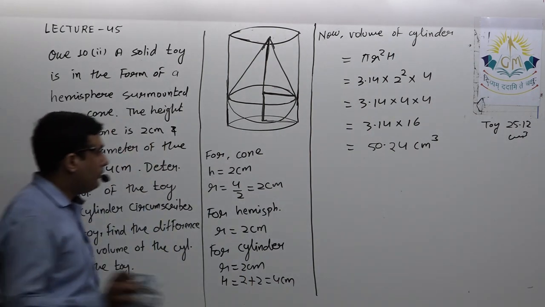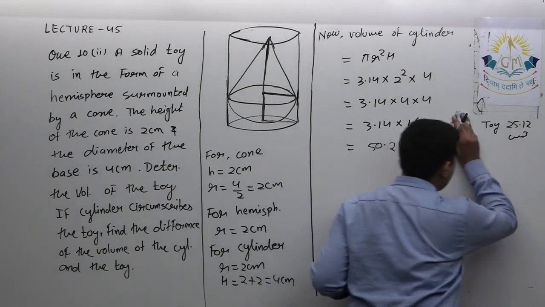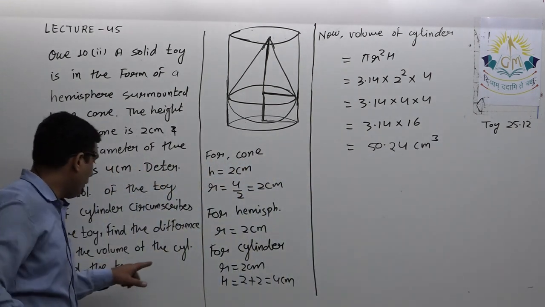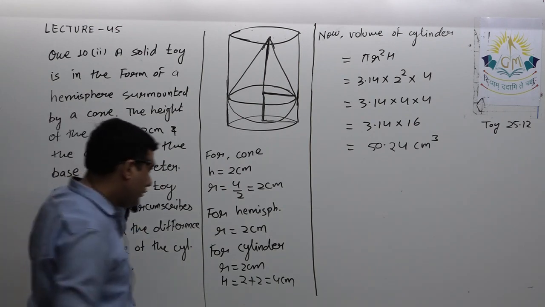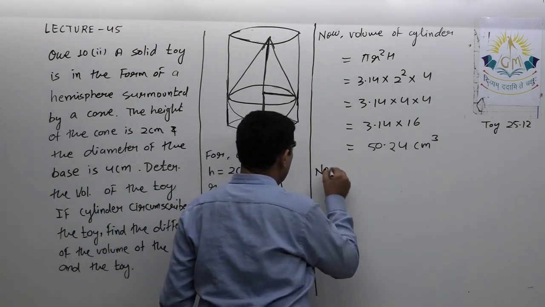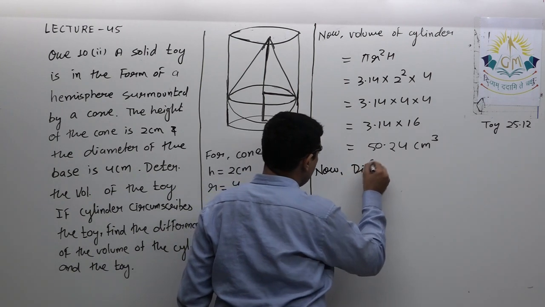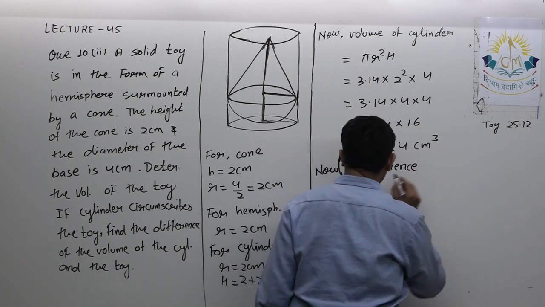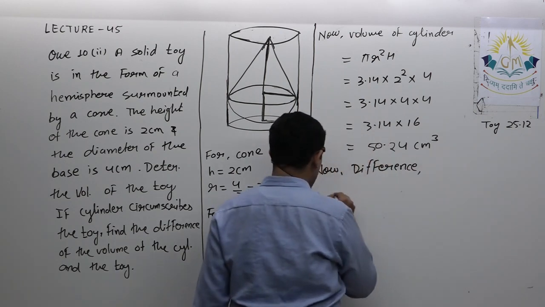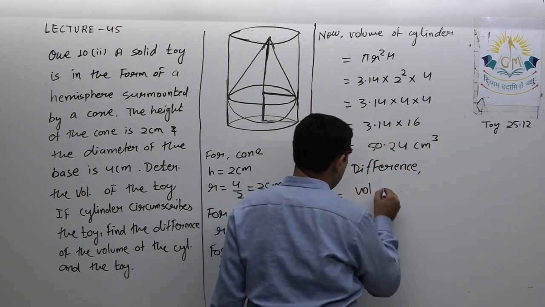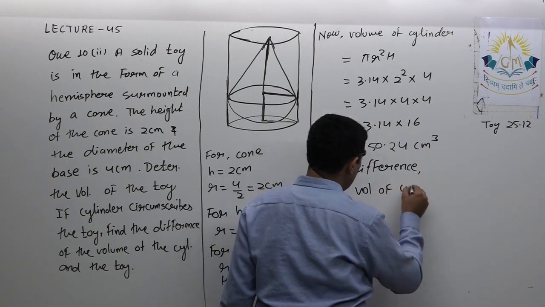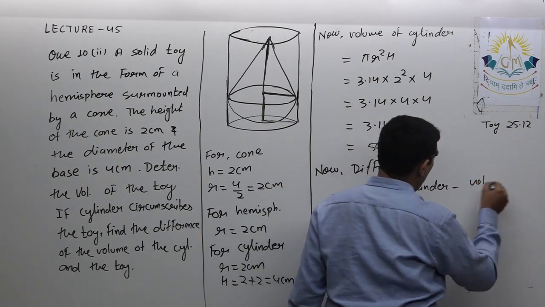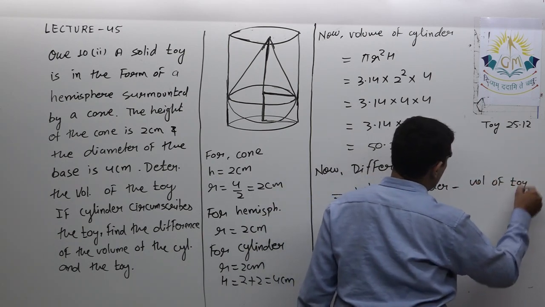cylinder. Now what do we have to find? We have to find the difference between the volume of the cylinder and the volume of the toy. So the difference is volume of cylinder minus volume of toy.